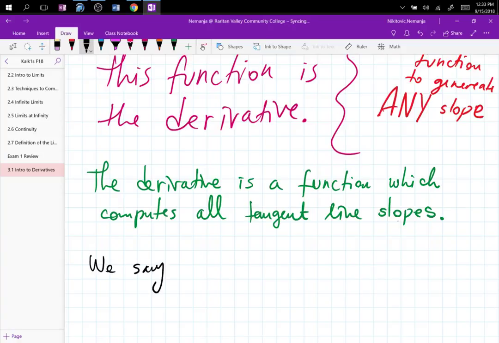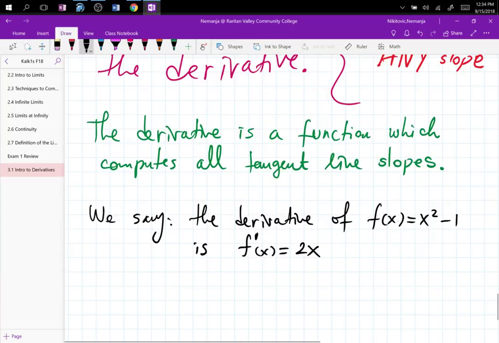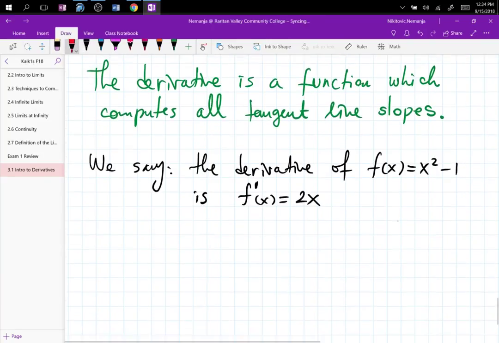We say the derivative of f of x equals x squared minus 1 is f prime of x equals 2x. Notation.